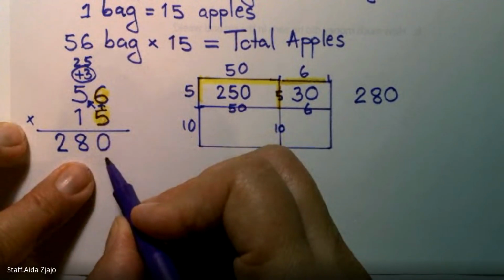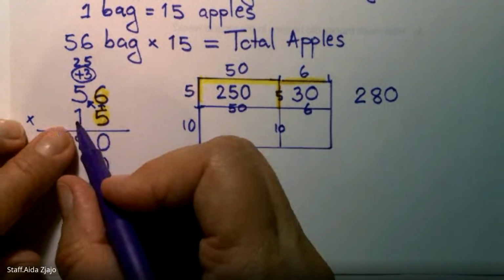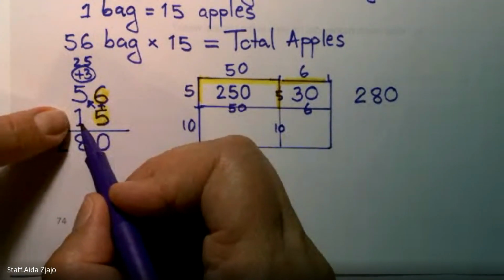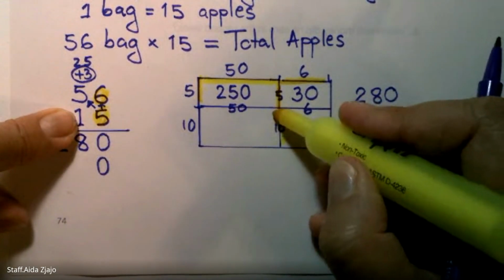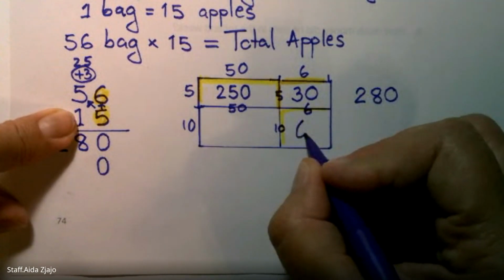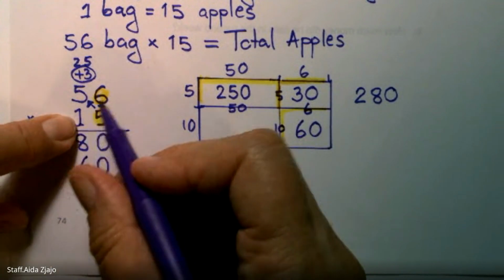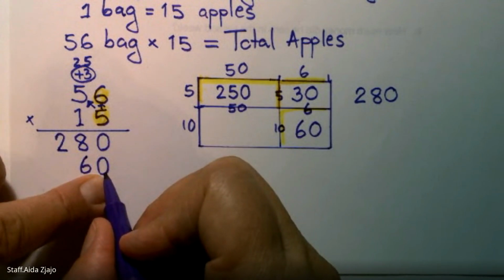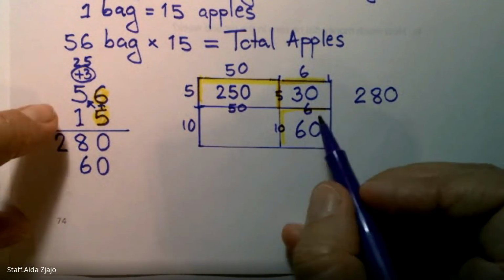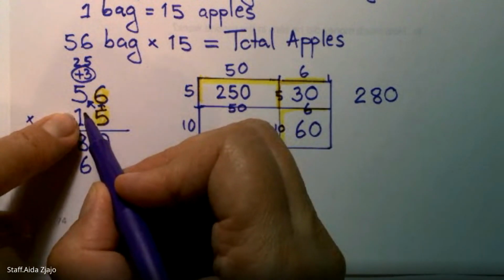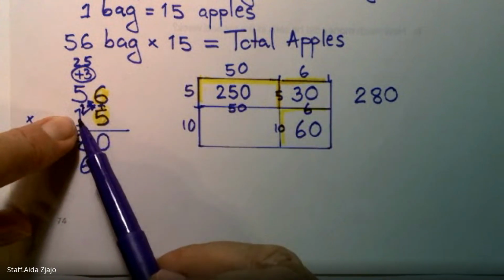Now let's do the next one. Now we're done with ones. Now we're moving to tens. So this is not 1, this is 10 times 6. 10 times 6 is 60. So here's the 60. 1 times 6 is 6, but you had the 0 from the 10, so 60. It's right there. And then next you did this. Now 1 times 5 is 5, but this is not 1 times 5.